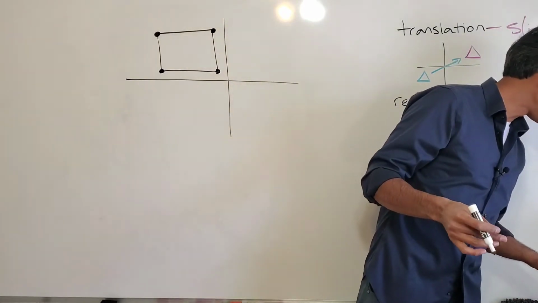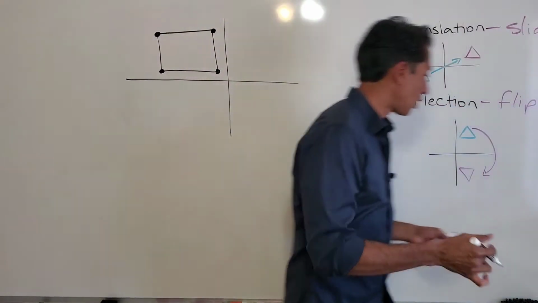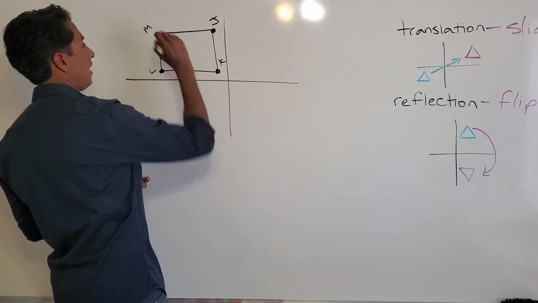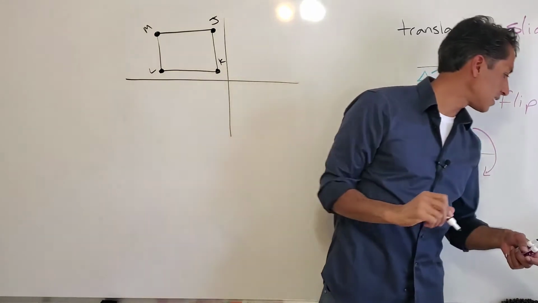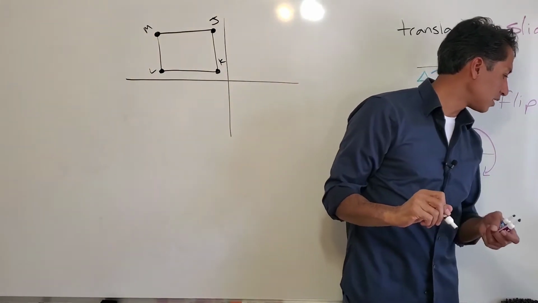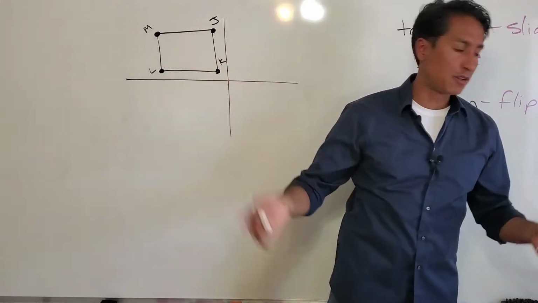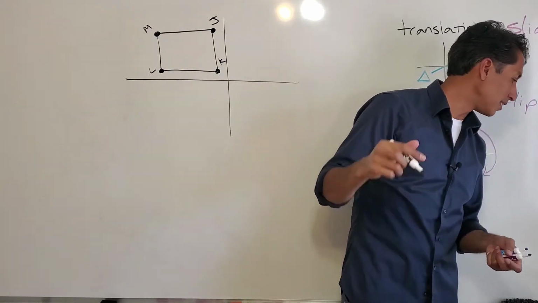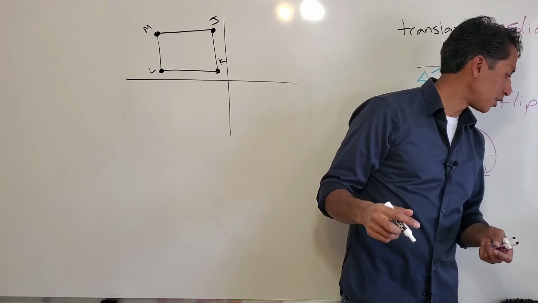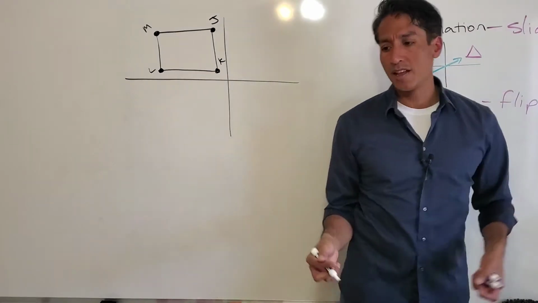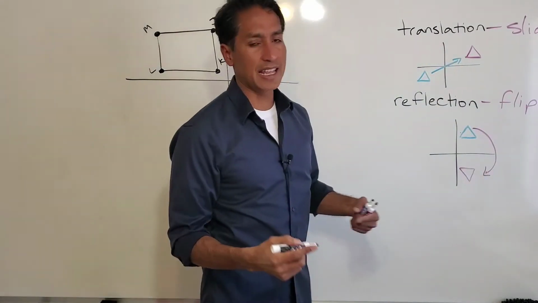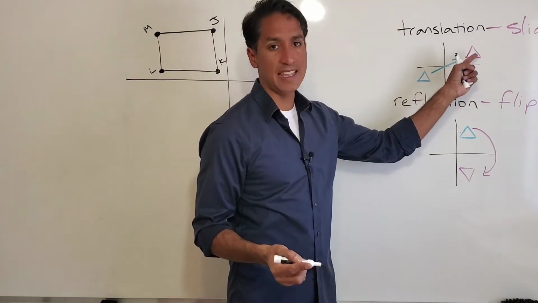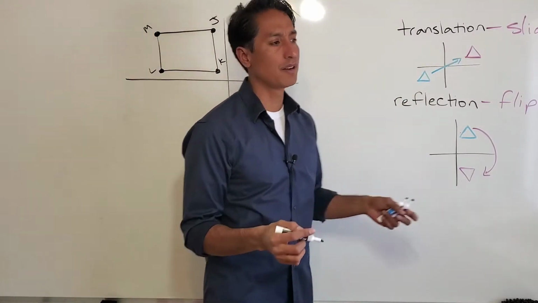And they're going to label this JKLM, so I'll label it here, JKLM. And then it says, if the table is moved, I guess this is the top of a table. If the table is moved 2 units to the right and 1 unit down, find the coordinates of the vertices of the table's image, okay? So they're using the word image to say this is the original and this is the image that you're moving into, okay?